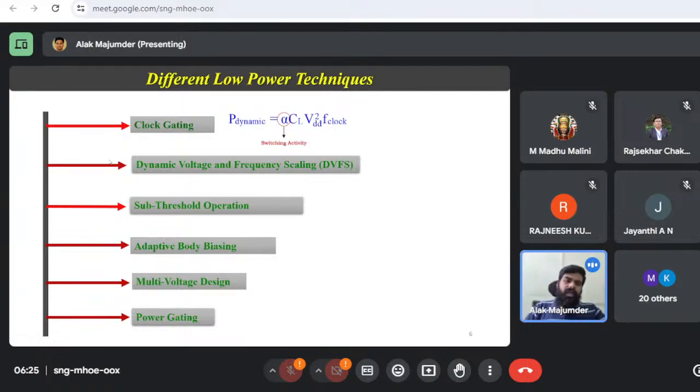In power gating, very fundamentally, for example, you have a logical core and you have a power supply here. Fundamentally, the power supply is always connected with the logical core. But what we are doing is, between VDD, which is the power supply, and the logical core, we are incorporating another third party based on some NMOS or PMOS.